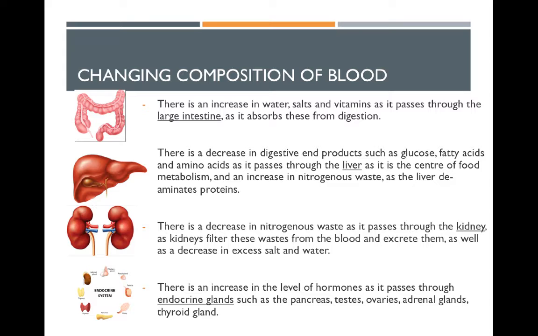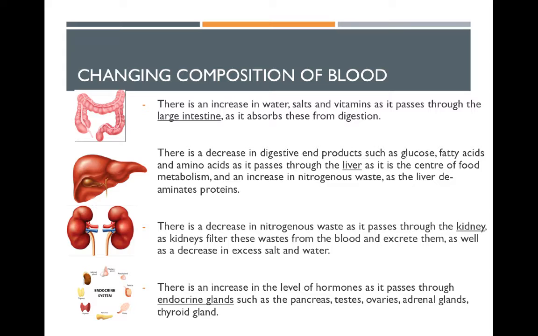As blood passes through the liver, there's a decrease in digestive end products like glucose, fatty acids, amino acids, because it's actually the centre of food metabolism for those particular foods. So those things increase in the small intestine, then head to the liver where they decrease because it uses them up.